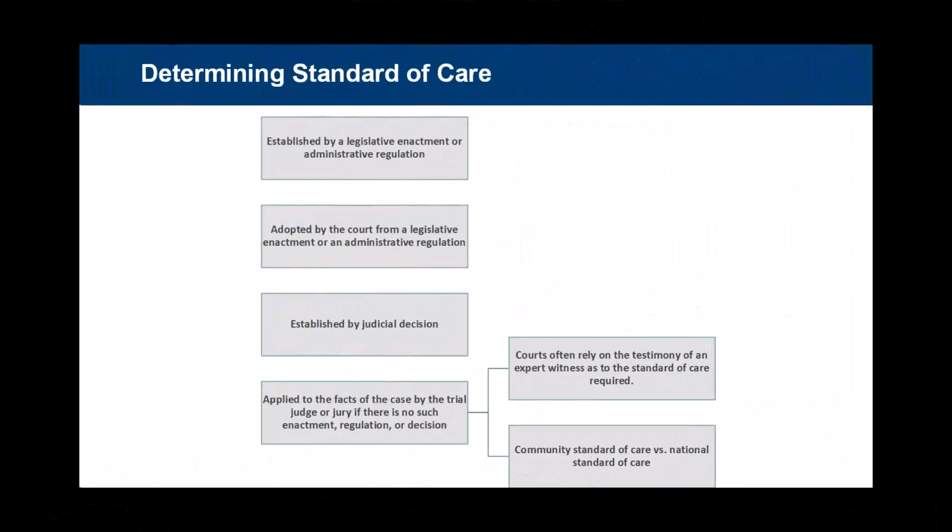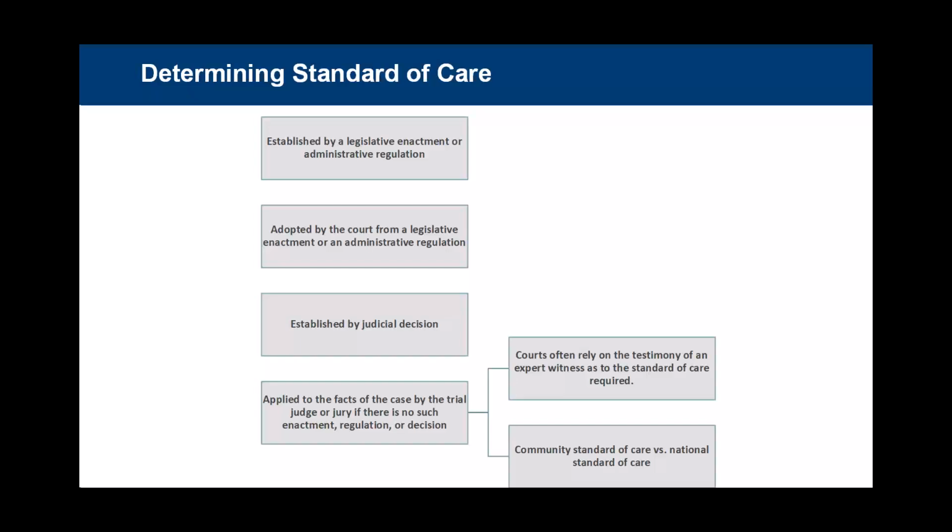The standard of care is a critical element in negligence cases, outlining the level of responsibility expected from professionals. It can be determined in several ways: legislative enactment or administrative regulation. Standards may be explicitly established through laws or regulations set by legislative bodies or administrative agencies.